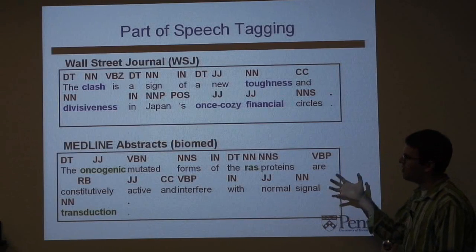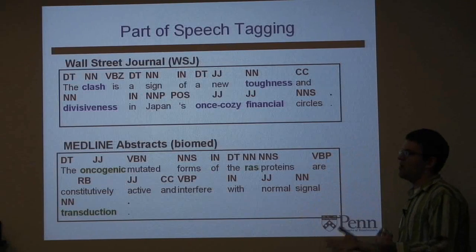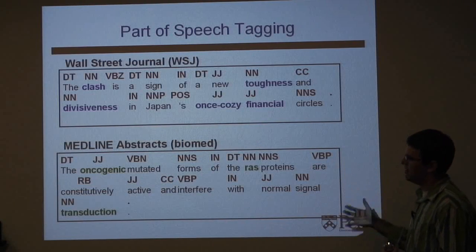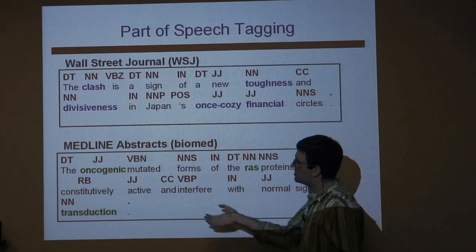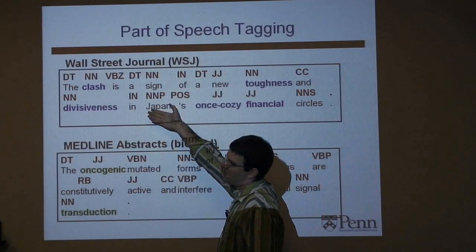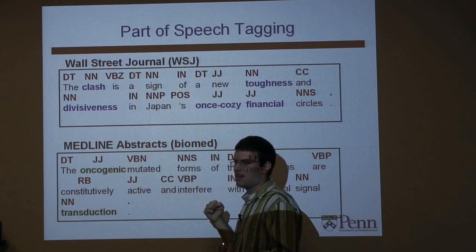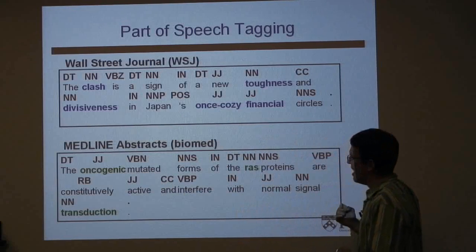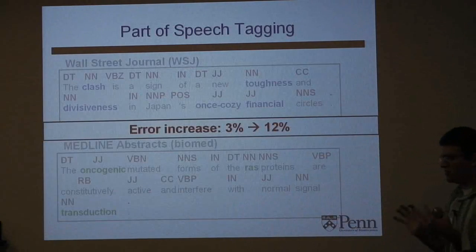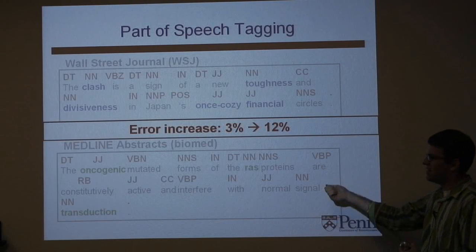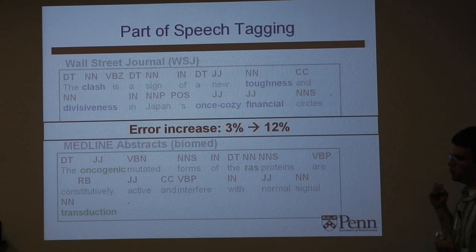What I've highlighted here are words that occur 5 times or more frequently in one domain than in another. In particular, you have words like oncogenic, which almost never occurs in the Wall Street Journal, no matter how much text from that particular domain I'm going to show you. Okay? And the same kind of problem occurs. If you train up a state-of-the-art part of speech tagger on the Wall Street Journal and test it out on Medline, the error quadruples.